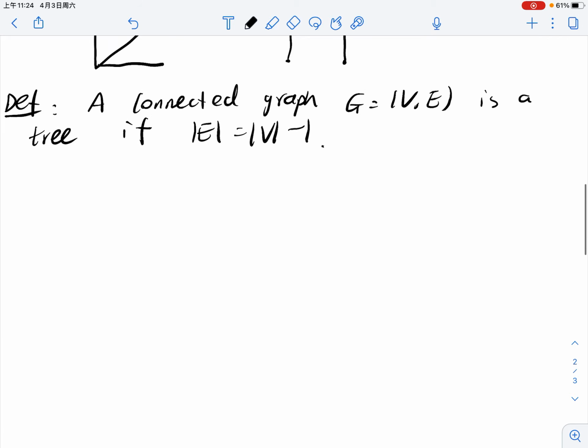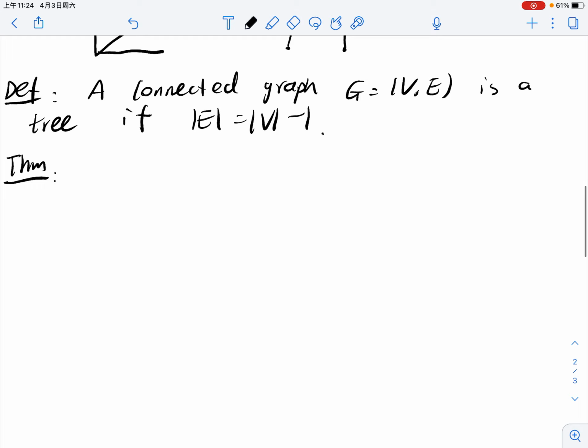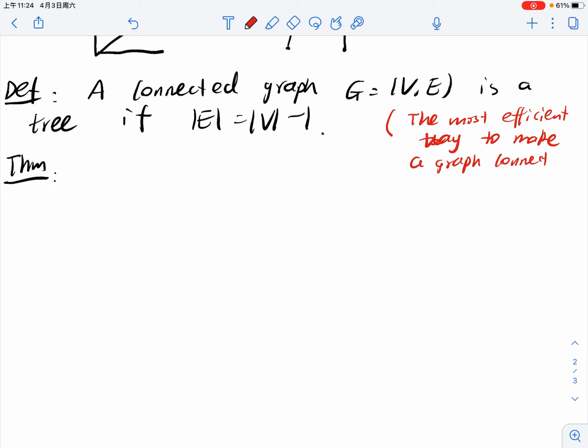So the inequality holds, and the equality holds. Or you can say it in this way: a tree is the most efficient way to make a graph connected by adding edges.